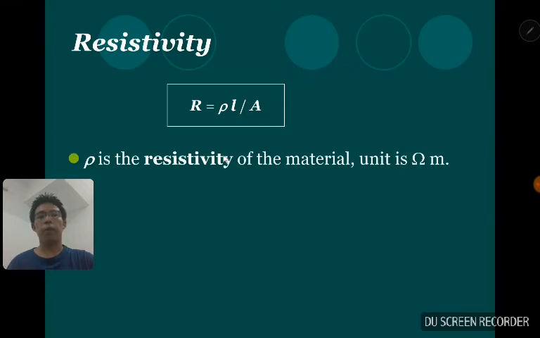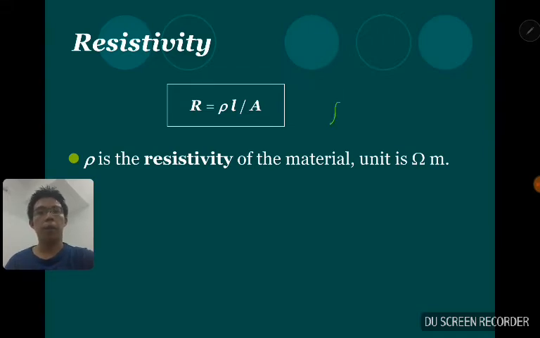And what is resistivity? It is actually a property of a certain material. It also in a way describes the resistance of a certain material, but it has some difference from the resistance. So you have to be clear about this.